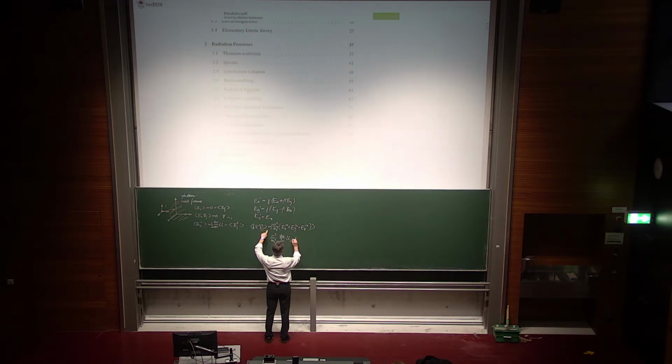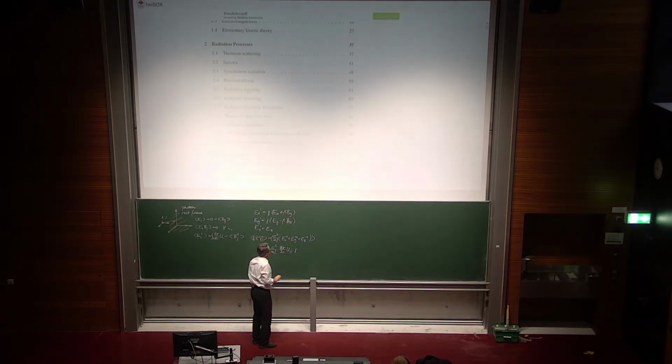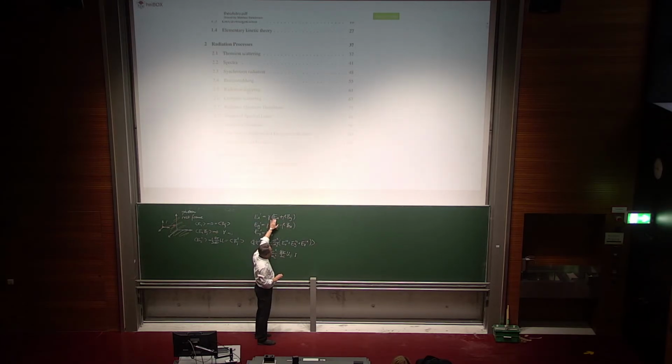Now, I'm getting a factor of gamma squared for all of them except for that, but there I have to take this into account.